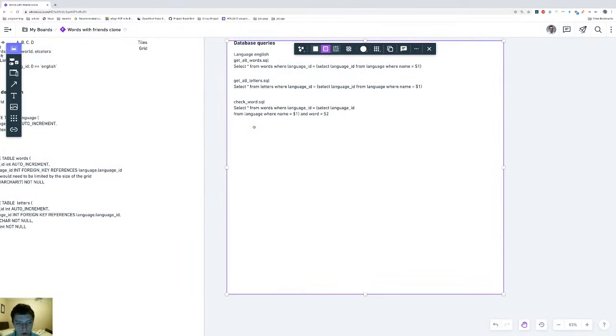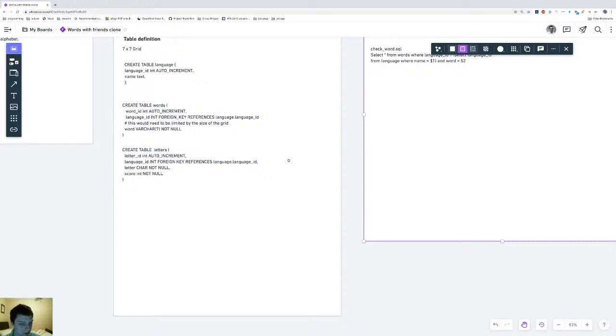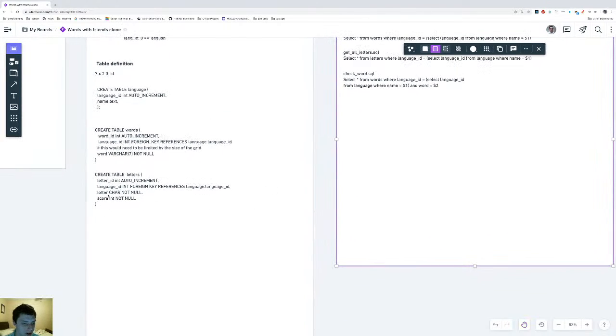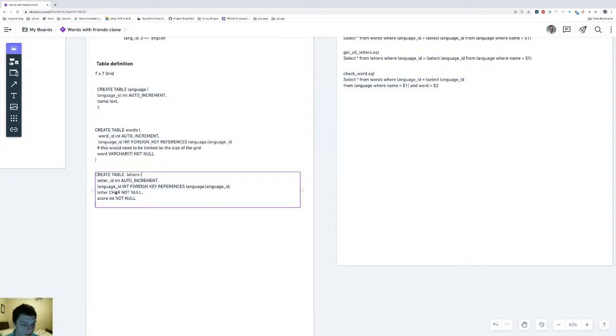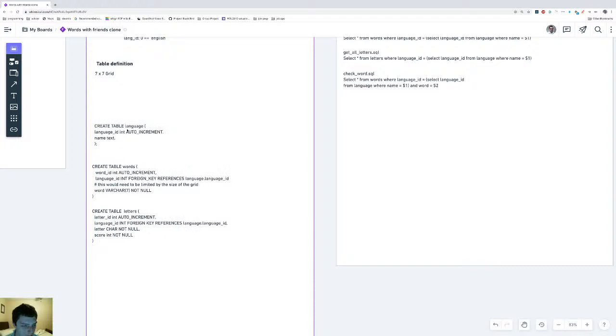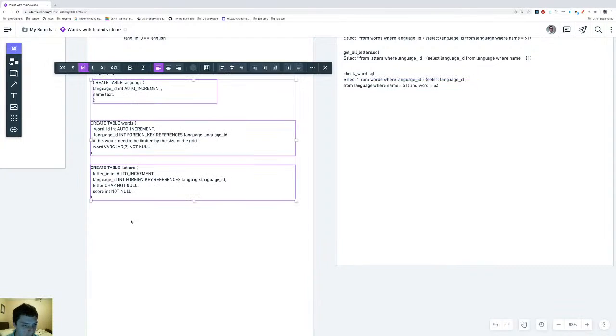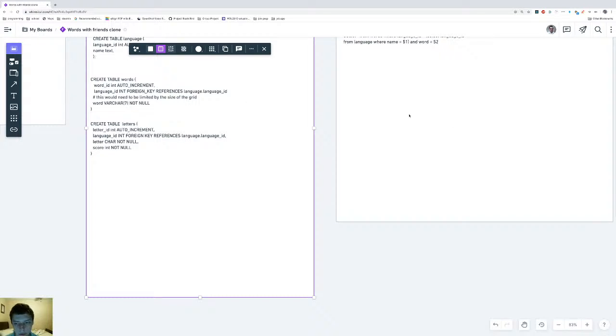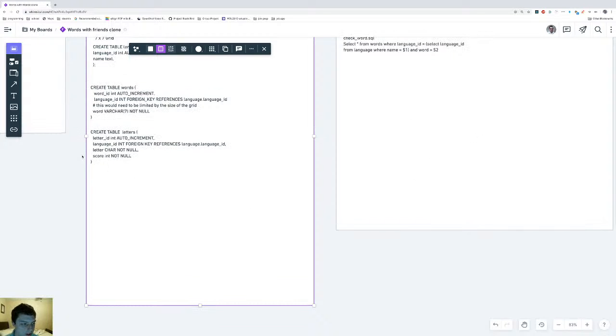Now, what about users? You would need a user table. Right now, for the sake of this example, I know they're probably going to want me to give them a concrete example. We're going to need to create some kind of table to keep track of each game going on, the outcome.